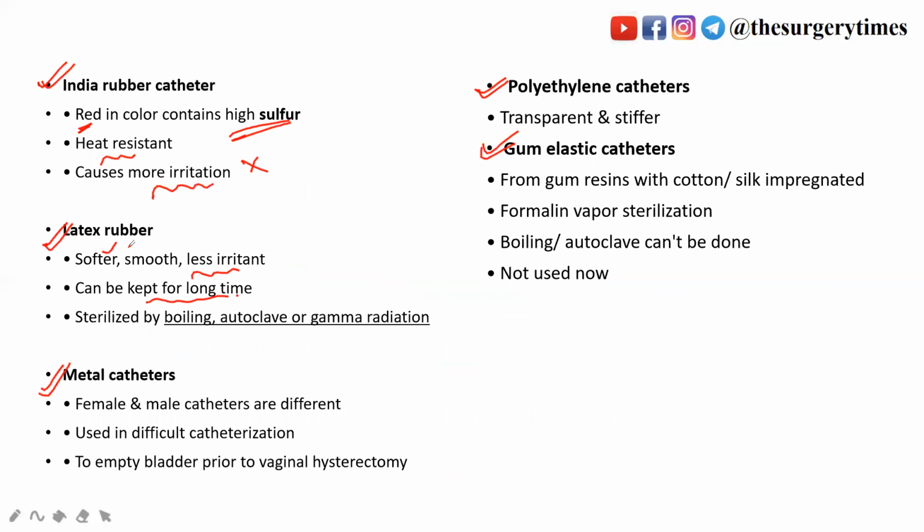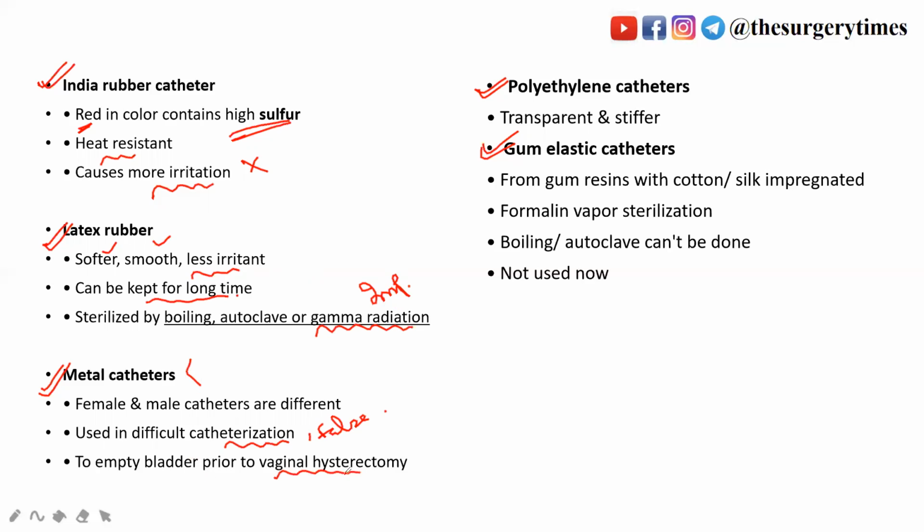It is soft and smooth, and it can be sterilized by boiling, autoclave or gamma radiation. It is important. Next is the metallic catheter, which can be male or female. We will discuss it in the further slides. It is used in difficult catheterization. The disadvantage is false passage. It is also used to empty the bladder prior to vaginal hysterectomy.